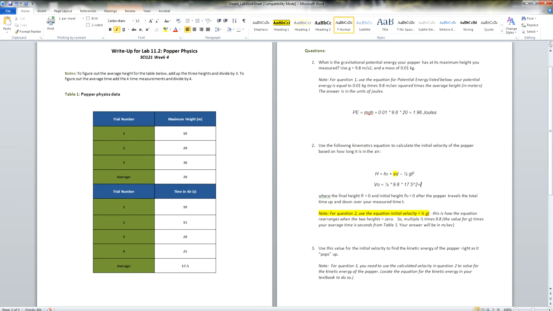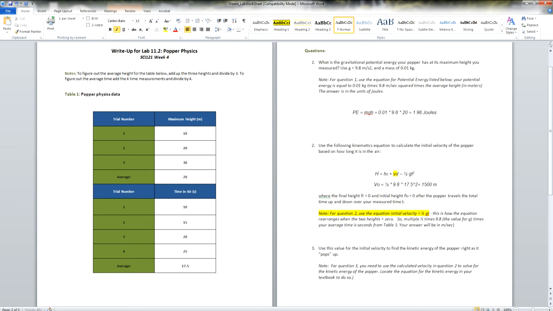So if we do this quickly, my answer will be half times 9.8 times 17.5 times 17.5, because we are squaring the 17.5. That will come out to be 1500.